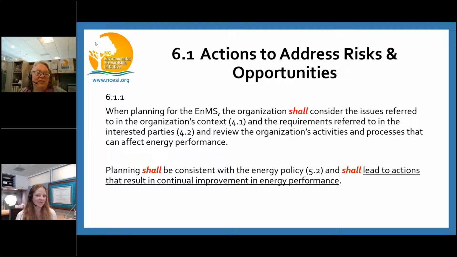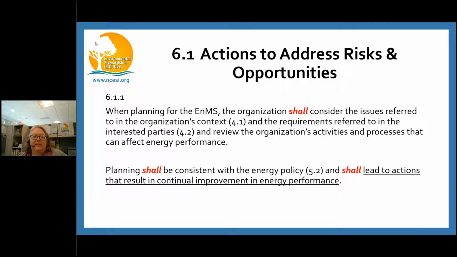All right, so we start with 6.1, which is the actions to address risks and opportunities. Risks and opportunities is a fairly new concept in the ISO standards of late. You've probably heard about aspects and impacts if you've done environmental management systems. Energy management systems is kind of similar when we're talking about risks and opportunities.